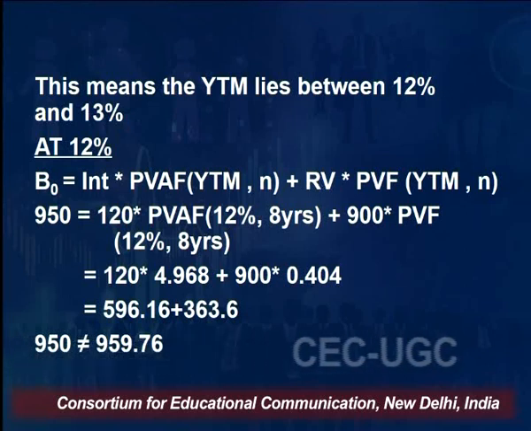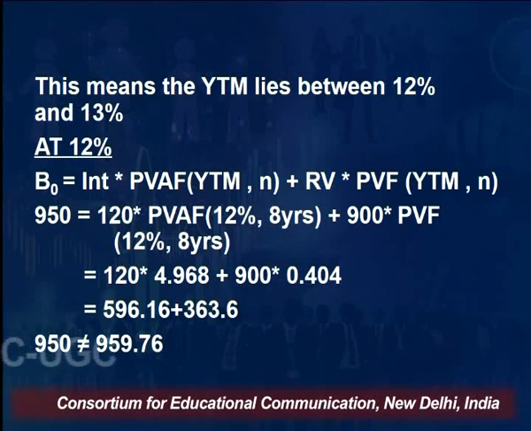What does this 4.968 mean? It means that if you get 1 rupee for 8 years, and the rate of interest is 12%, what is the present value of this 1 rupee? I am repeating what I said. If you are getting 1 rupee for 8 years, because our maturity period is 8 years, and the rate of interest is 12%, what is the present value of this stream of income which the investor is expected to get for 8 years?